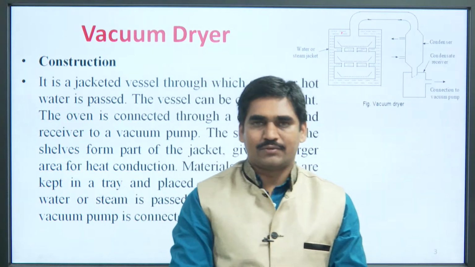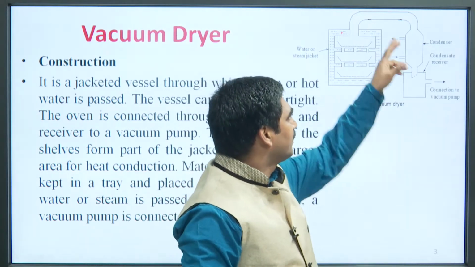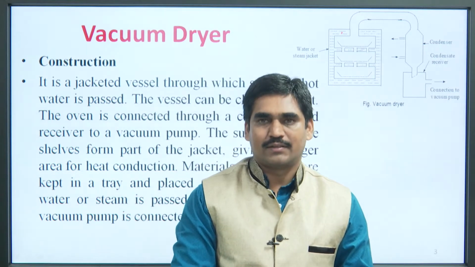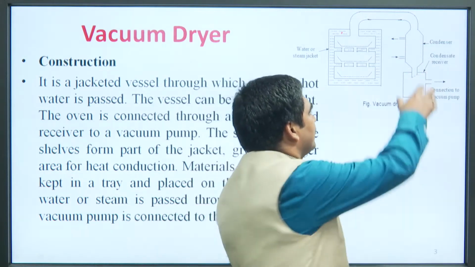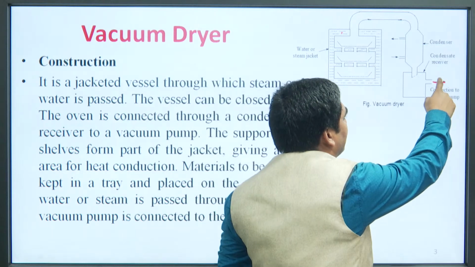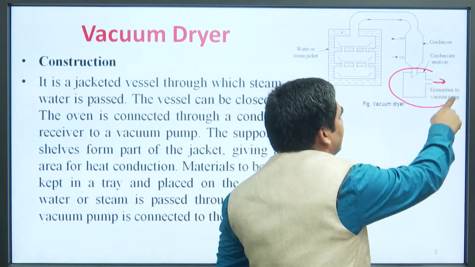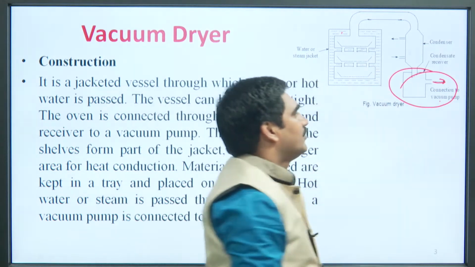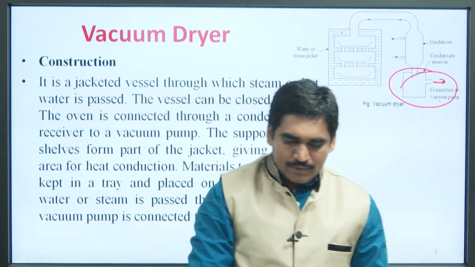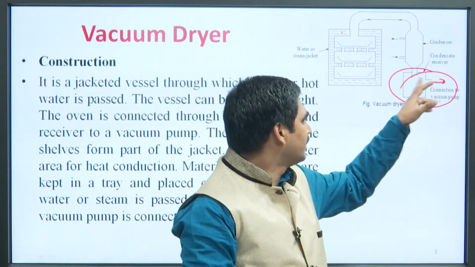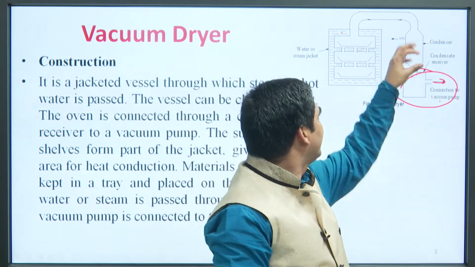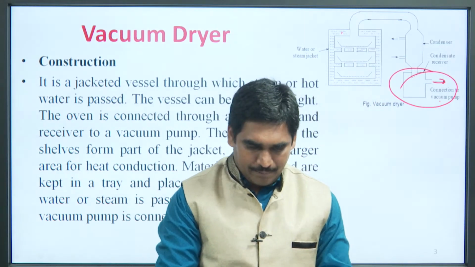It is further connected to an oven, which is connected through a condenser, and then to a vacuum pump. This receiver is connected to the vacuum pump, and with its help, vacuum is created in this dryer.